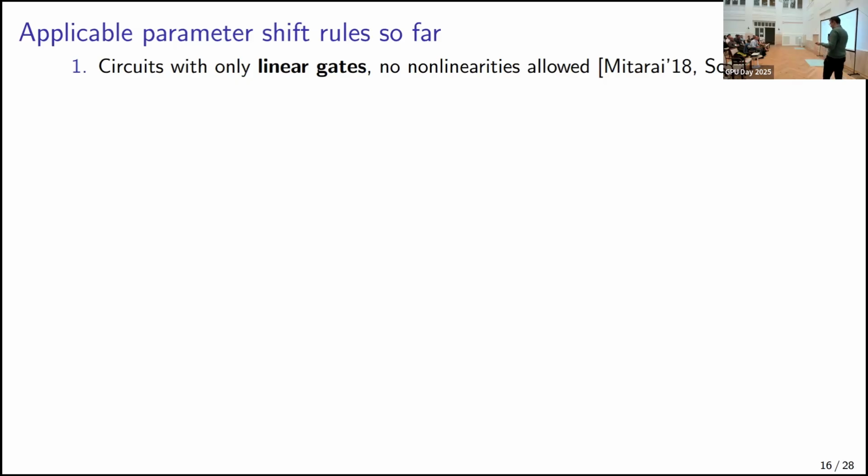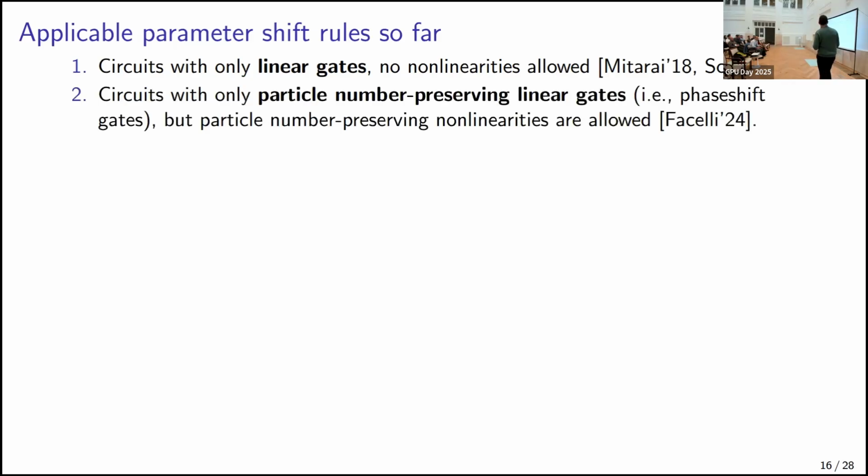Nonlinearities mean nonlinear gates, which I didn't tell you about, but they also exist and are required for universality. It has been applied recently to particle number preserving linear gates, or in general linear optical quantum circuits, which means you have a fixed particle number and you can do operations on that.